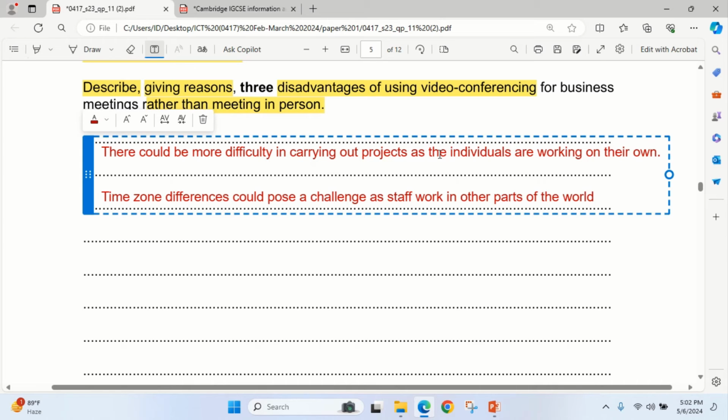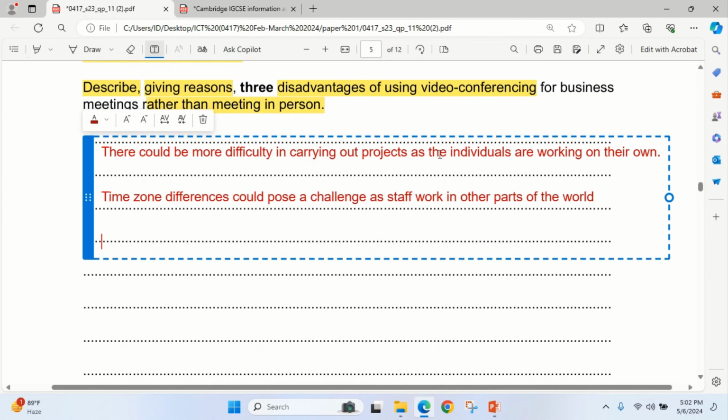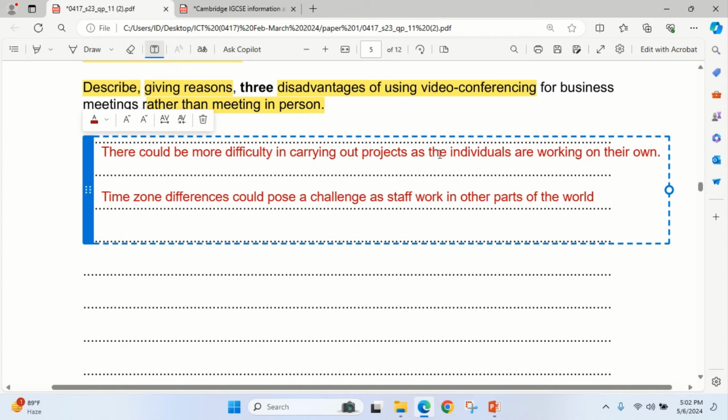So there could be some issue with them. Then another thing that can result is disconnection issues or slow speed of internet. They could experience that.